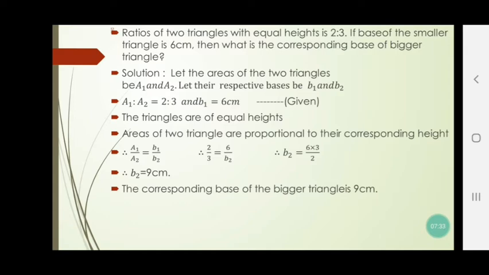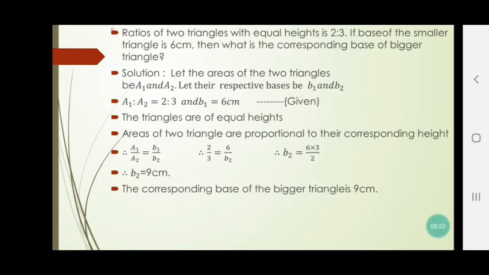As they have equal height, as given in the statement itself, the area ratio is A1 is to A2 equal to 2:3. B1 is given as 6 and we are supposed to calculate B2. The areas of two triangles are proportional to their corresponding bases.